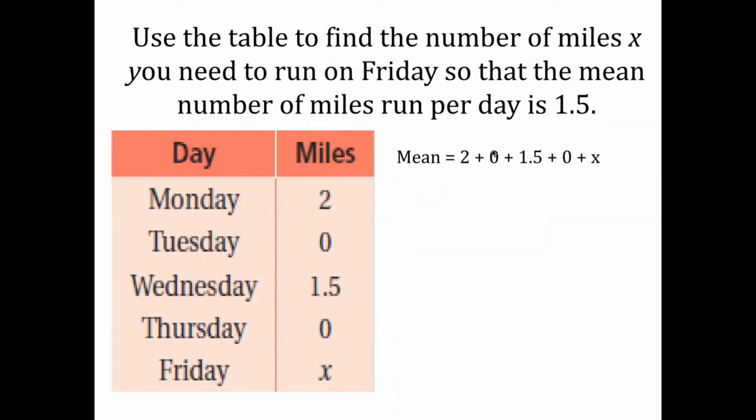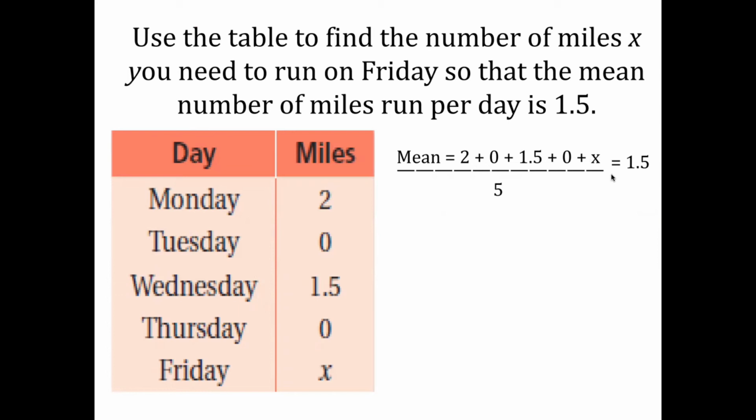Recall that mean will equal all the values that you're given divided by the number of values that you're given. So in this case, 2 plus 0 plus 1.5 plus 0 plus x. Those are a total of 5 values, so you would divide them by 5. And our goal mean is 1.5, so we'll go ahead and set our equation to 1.5.